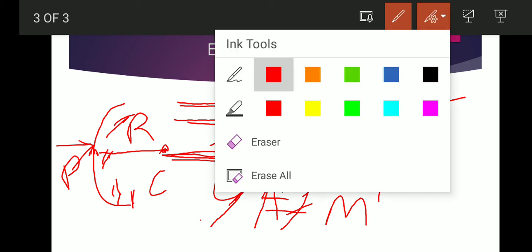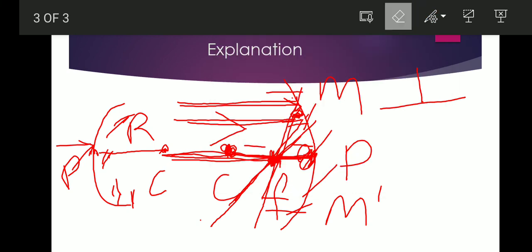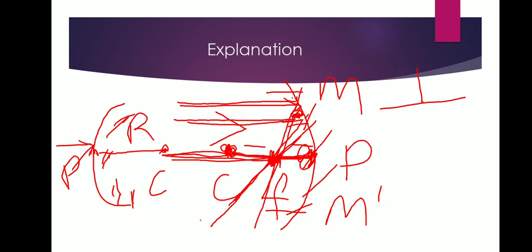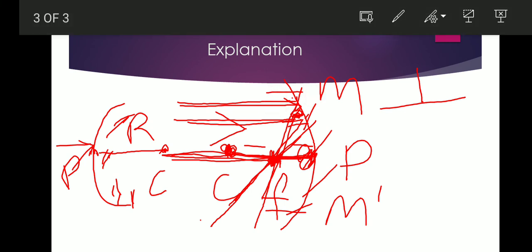Then next, focal length. Focal length is the distance between this principal focus and pole. In this case, our focal length will be from this point to this pole.